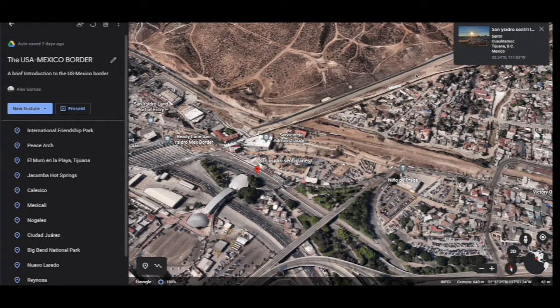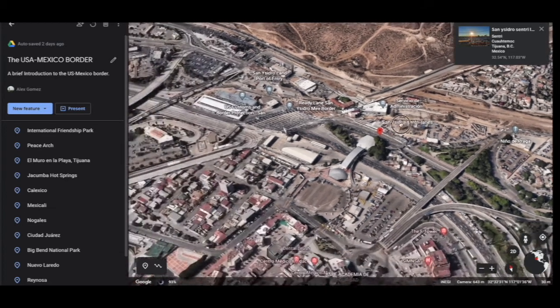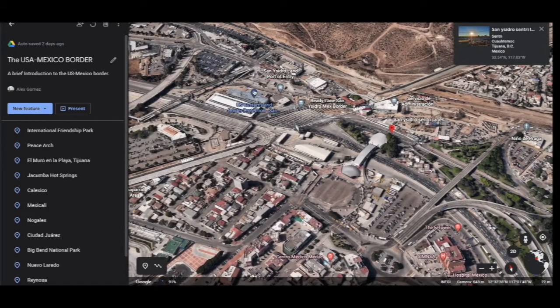During President Trump, he managed to refurbish, to knock down the old fence and build a fence that was taller. It's not that he was building a new wall, he just took down the old wall and added another wall. So many people think that was a waste, and we can talk about that later. But right here you have the busiest border crossing on the planet.